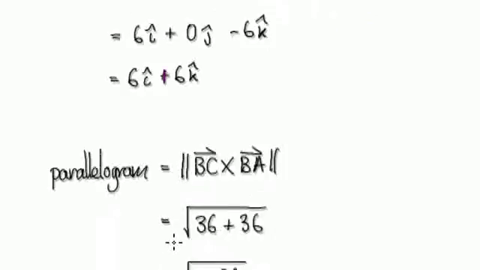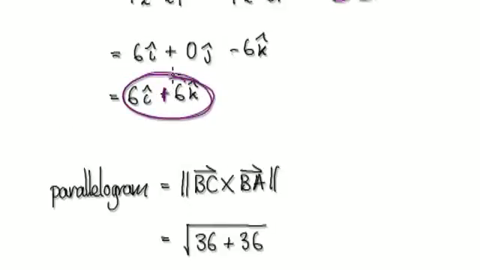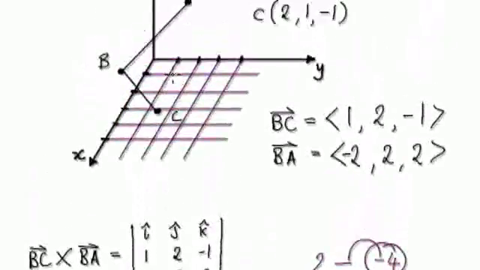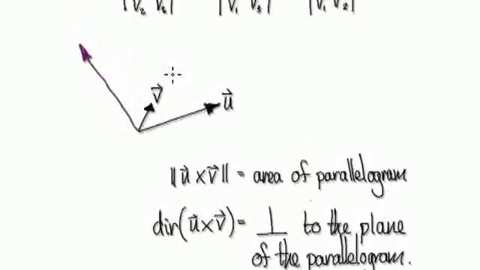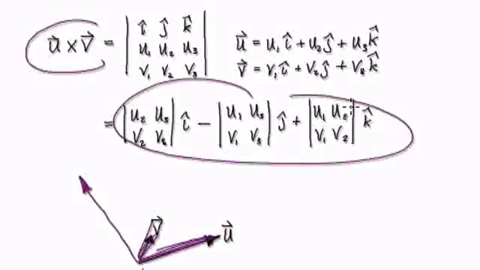So going down here, where was I? So the cross product would be this. But then to get the area of the parallelogram, we would need the magnitude of this. Because going right back to here, whenever you have a vector and a vector, take the cross product, it will give you this.